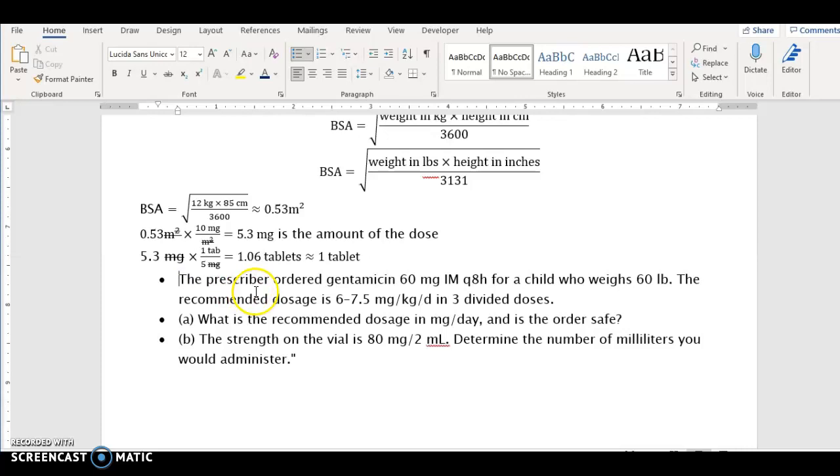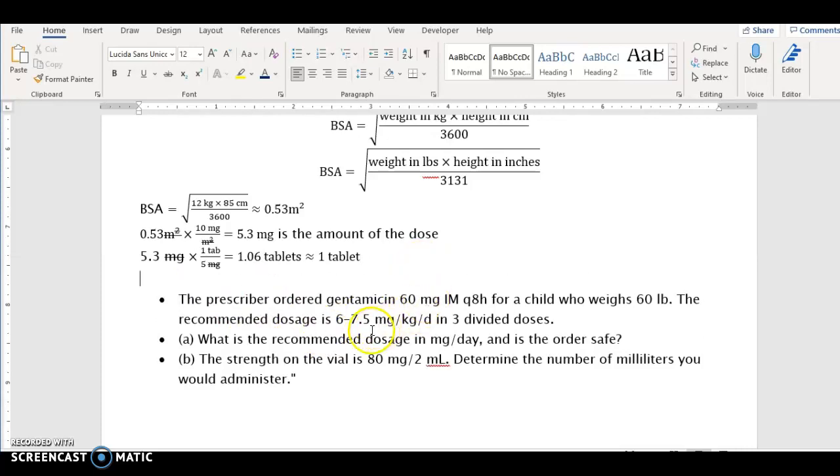The problem says the prescriber ordered gentamicin 6 milligrams intramuscularly every 8 hours for a child who weighs 60 pounds. The recommended dosage is 6 to 7.5 milligrams per kilogram per day in 3 divided doses.